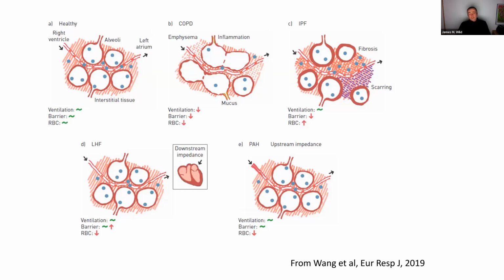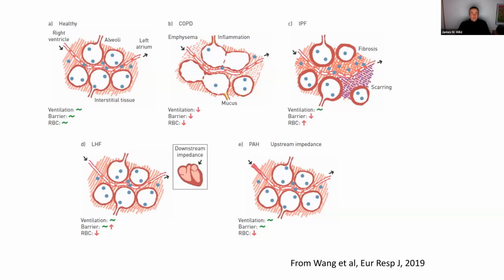So I'm very interested to see what this technology can do to help us understand pulmonary vasculopathies as well as fibrotic lung diseases and more classical airways diseases, because I think the red blood cell signature from the lungs is going to be modulated quite heavily by concomitant pulmonary vascular disease.